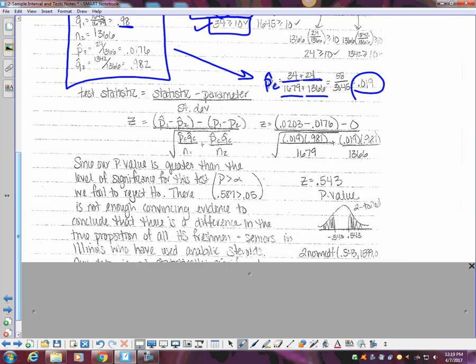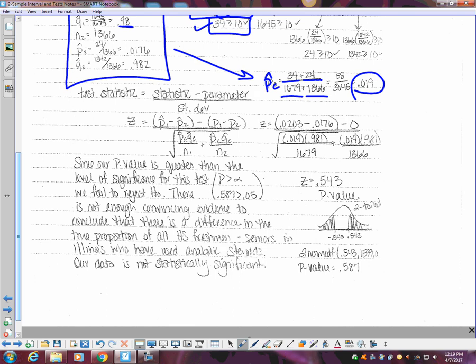Okay, so once you're done with your conditions, this is when you sort of hit your speed bump. So you go and find your test statistic because you're doing a test. So for these, this is a Z, not a Z star because it's not critical. The difference of my P hats minus the difference of my P's, and again, this is going to be 0. And I went ahead and just used those instead of using the fractions.